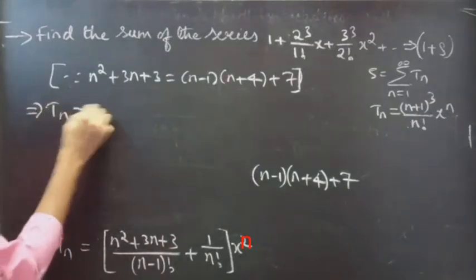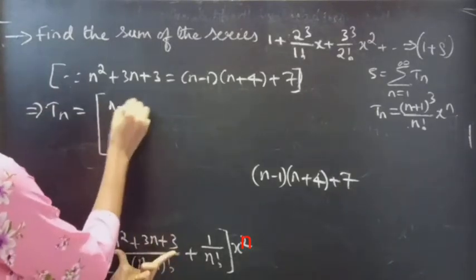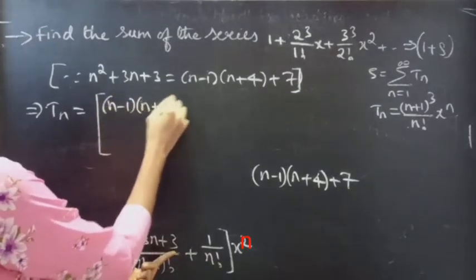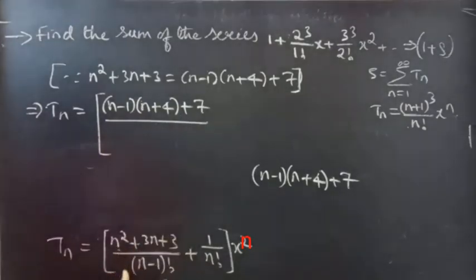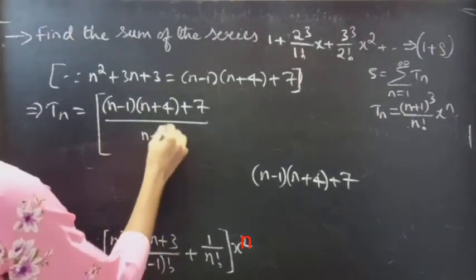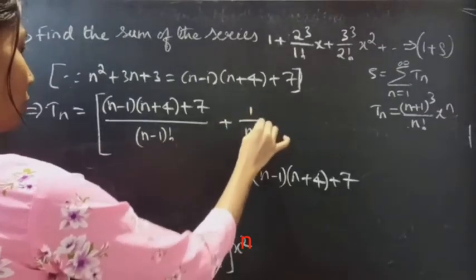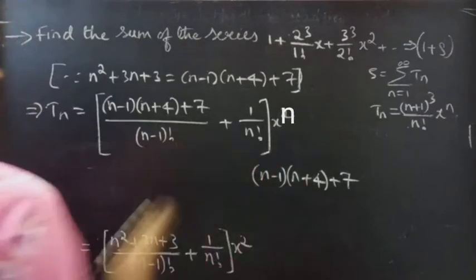Since n square plus 3n plus 3 equals (n minus 1) into (n plus 4) plus 7, Tn becomes, now replacing the numerator of the first term, (n minus 1) into (n plus 4) plus 7 by n minus 1 factorial, plus 1 by n factorial into x square.